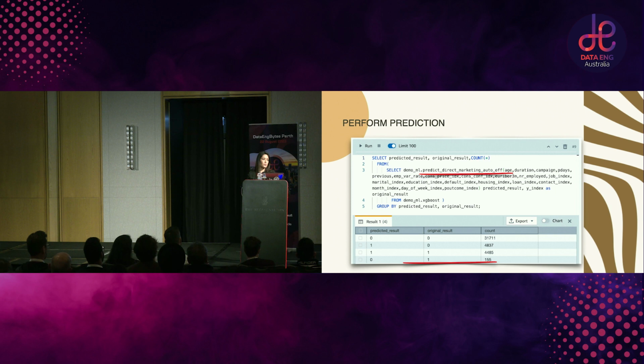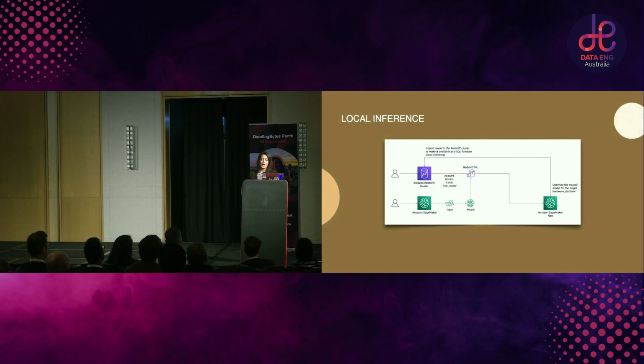These two approaches are for when you want to train the model inside Redshift. What if your data scientist team already has a model and you want to use that one in Redshift? That is also possible. Redshift ML supports bring your own model. So local inference is one of those.